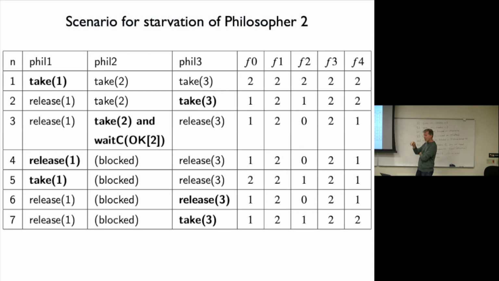It turns out philosopher 2 can be blocked in his own little queue indefinitely, and there's a scenario for which that happens. And so here again, this is a situation where what seems obvious, on closer inspection, you can be close but no cigar in terms of starvation.